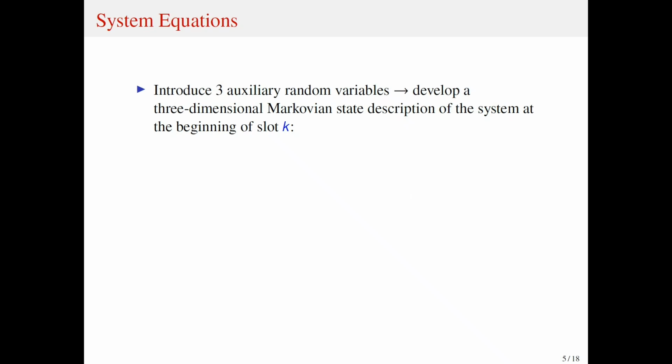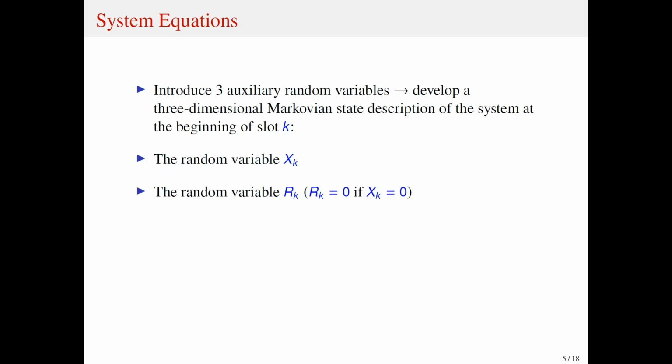So, in order to develop a 3D Markovian state description of our queuing system, we introduced 3 auxiliary random variables. Random variable x_k, which is the total number of customers in the system at the beginning of slot k. Random variable r_k, which is the remaining service time of the in-service customer at the beginning of slot k. r_k equals 0 if x_k equals 0.